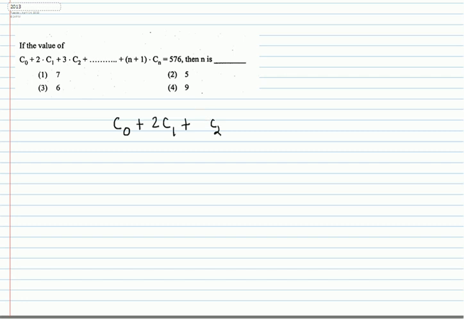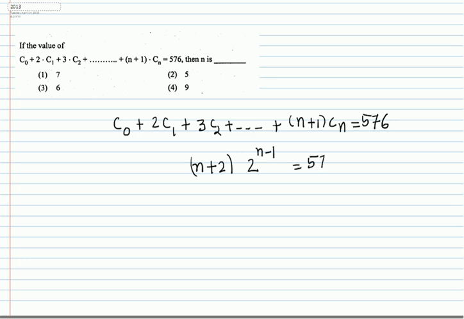So let us take it as 3C2 plus so on up to, observe the general form, (n plus 1)Cn is always equal to 576, and we know that this quantity is always equal to (n plus 2) into 2 to the power (n minus 1), which is equal to 576.